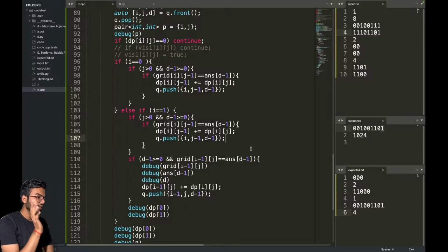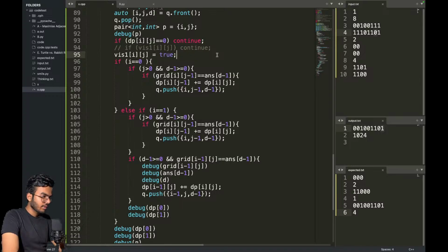So if I was 0, I will do that. Now obviously if d minus 1 is greater than equals to 0, and even if my j is 0, so if I equals to 1, I can go for I minus 1 definitely. But I should also check that it is not visited.